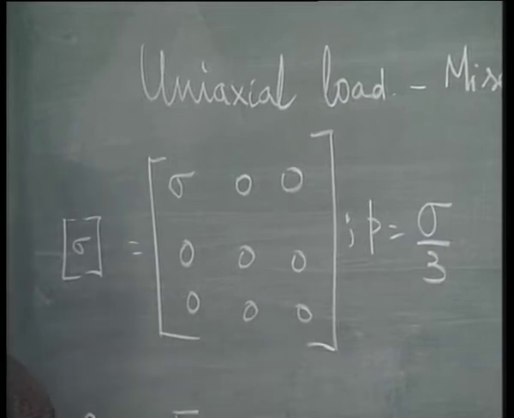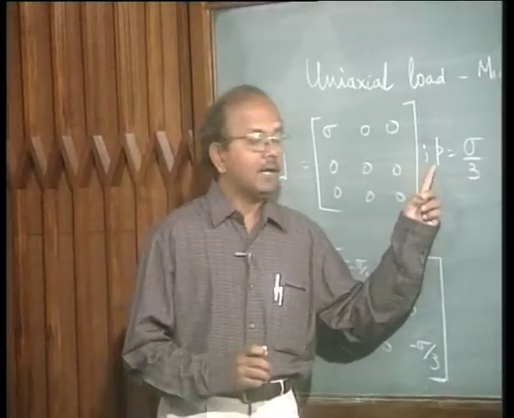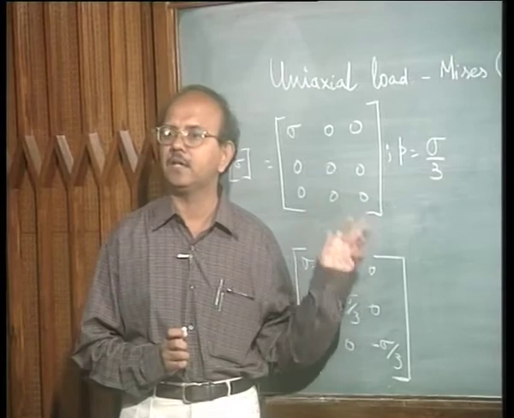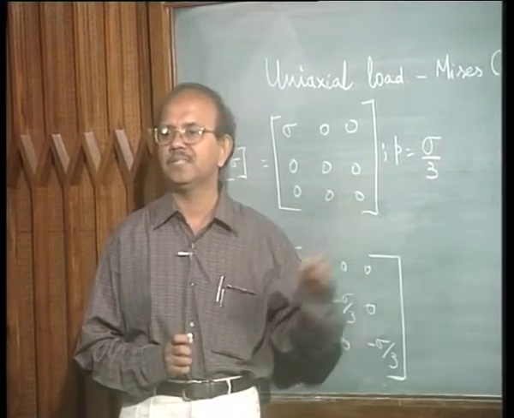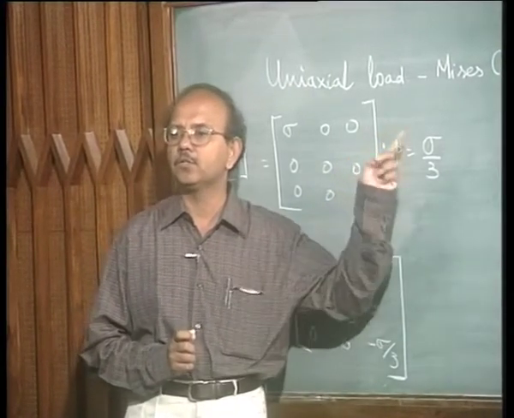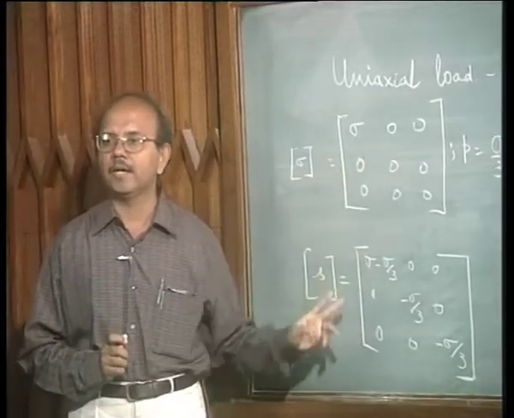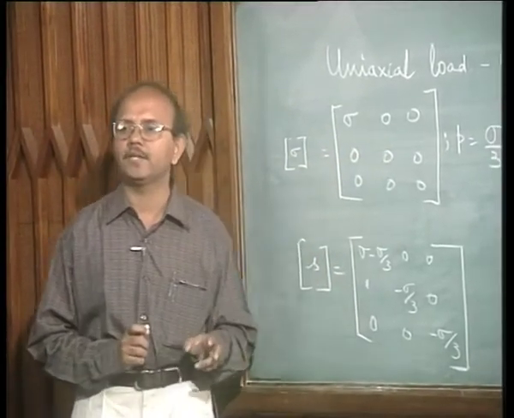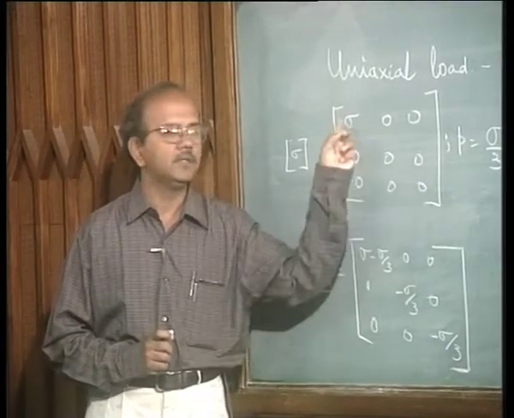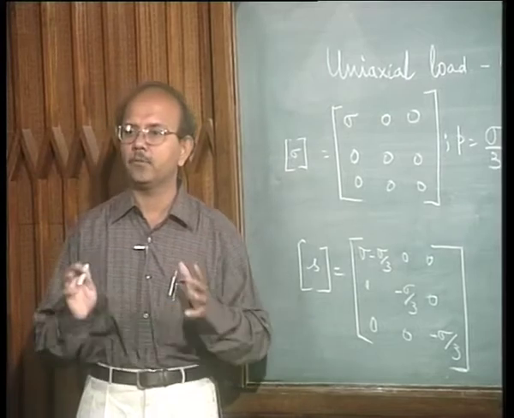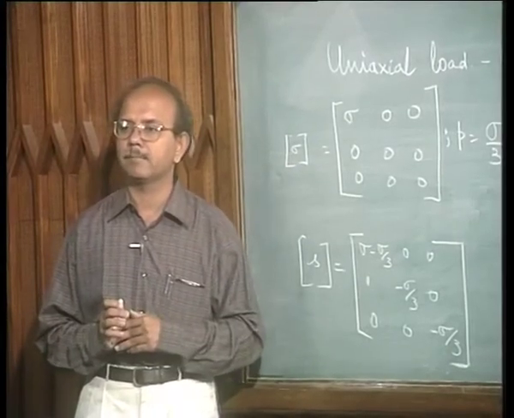We call this additive decomposition, and the pressure P is determined by 1/3 the trace of this matrix, which happens to be sigma in this case. So, P is equal to sigma by 3. From this we can write down the S matrix straight away by subtracting P from sigma. That is where we stopped the last class.